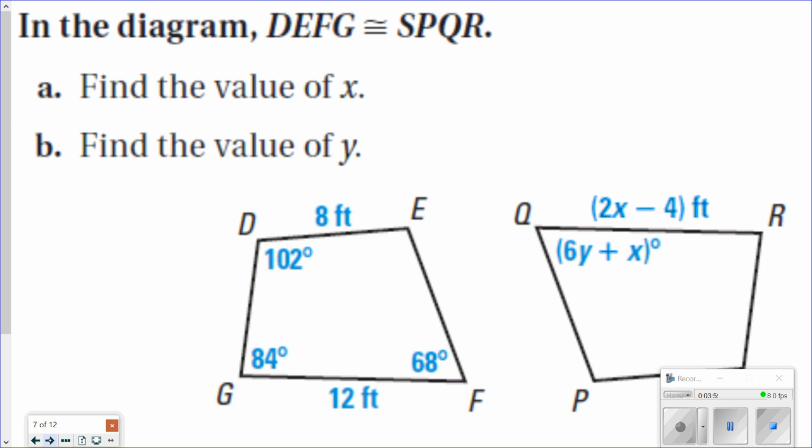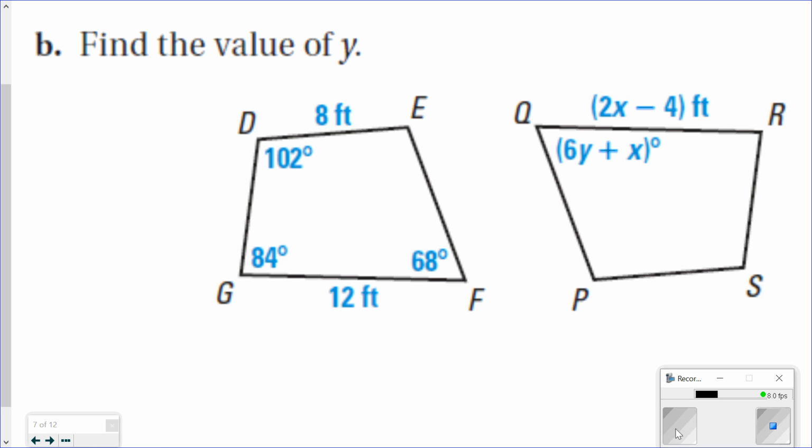All right, so now I know that these two figures are congruent. DEFG is congruent to SPQR. I want to find the value of X and find the value of Y. To find the value of X, it is this side length here. I need to determine which side length is congruent to segment QR.